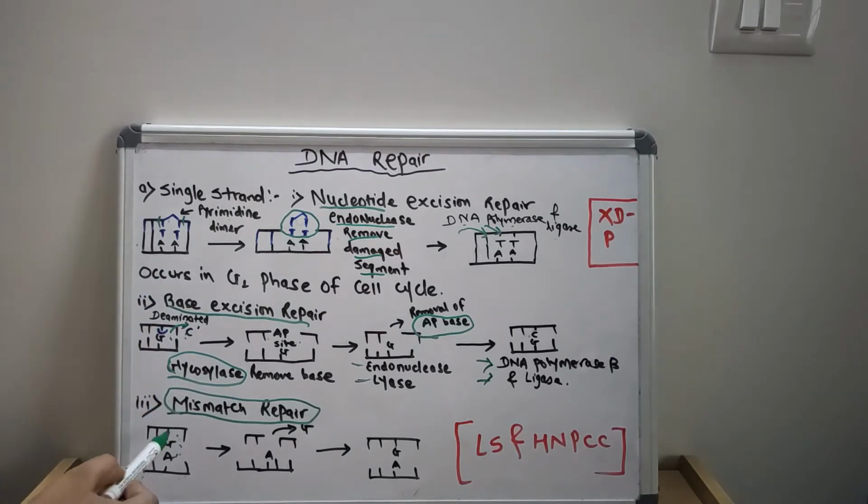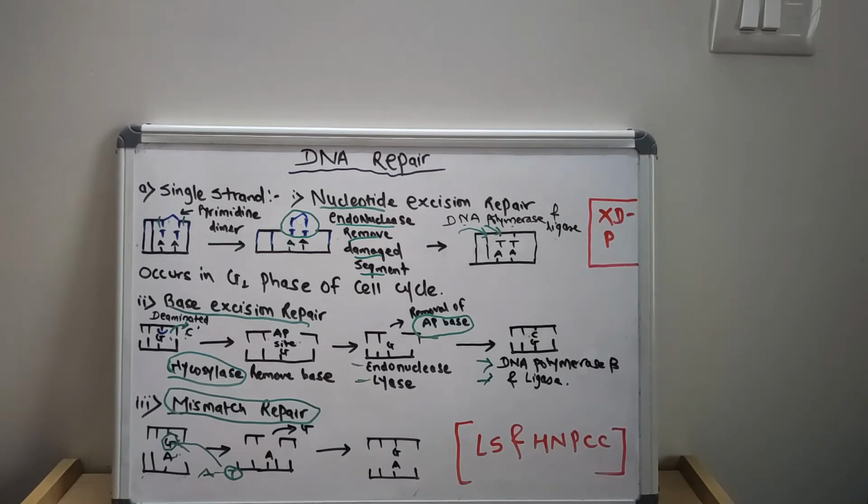But here, during DNA replication, there is a wrong insertion of a nucleotide. So in place of T, since A always pairs with T, the guanine is placed. So at the same time as DNA replication, the mismatch repair occurs.